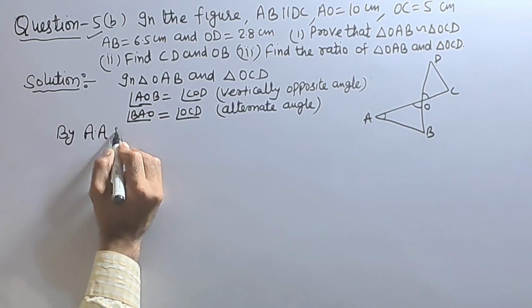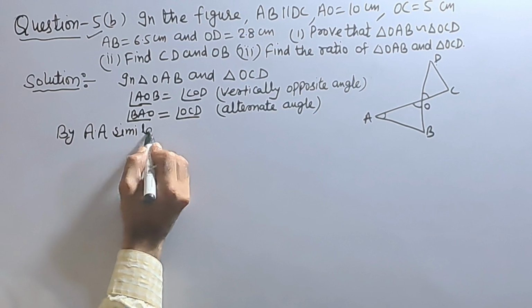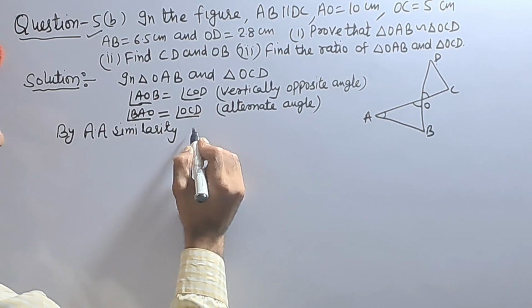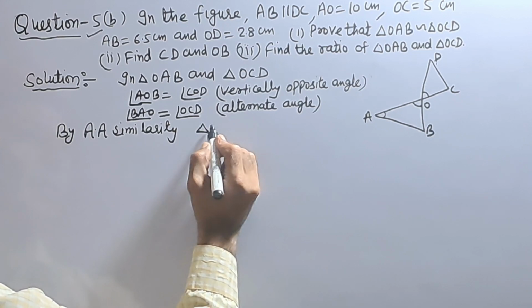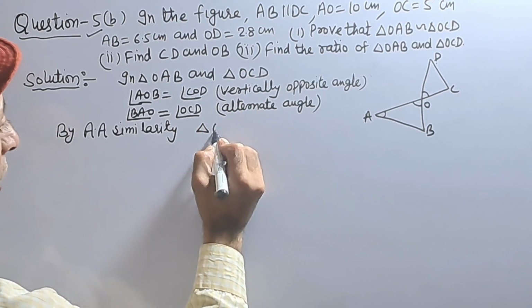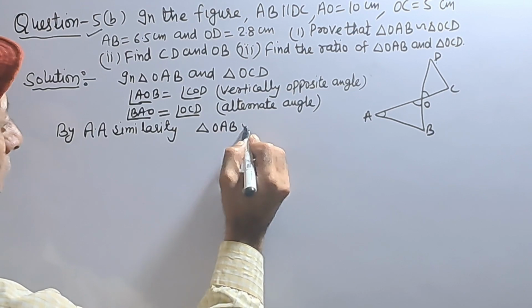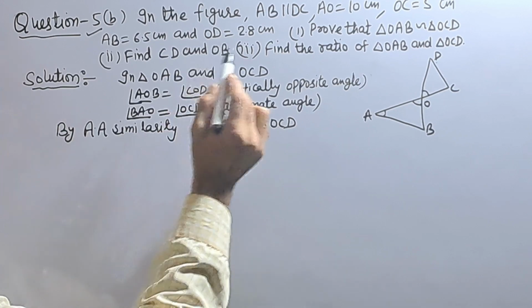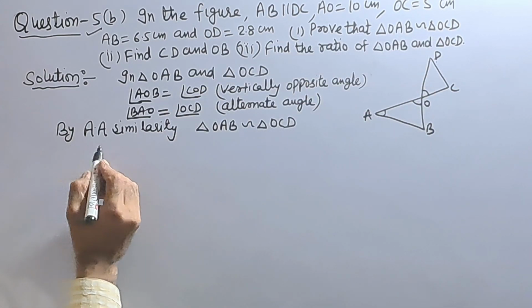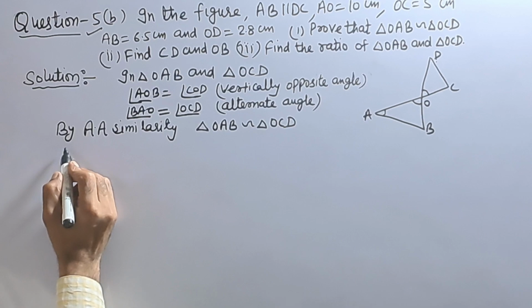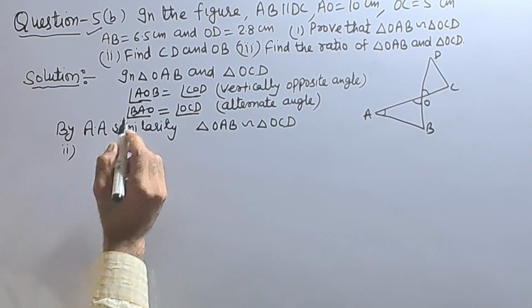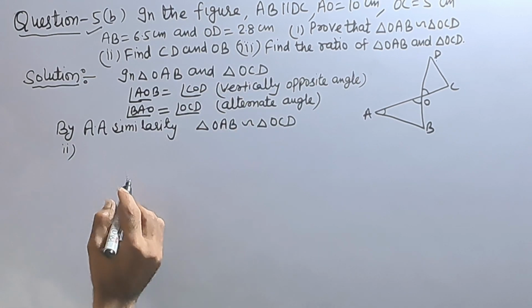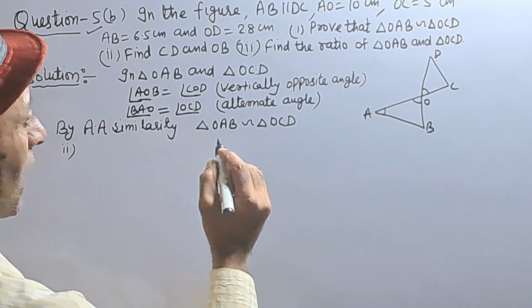By angle similarity, triangle OAB is similar to triangle OCD. First part, prove. And second, find CD and OB.